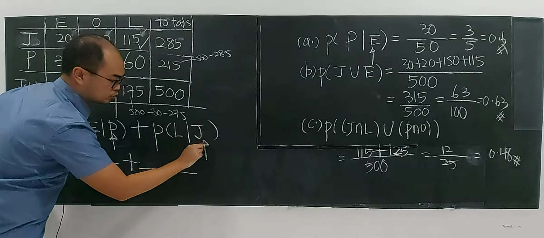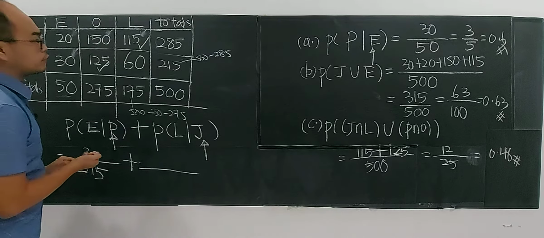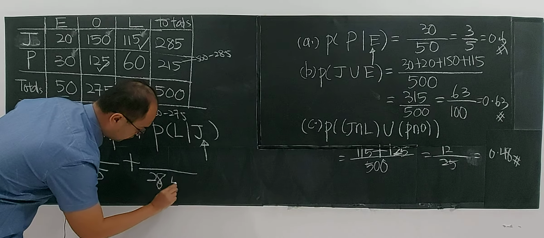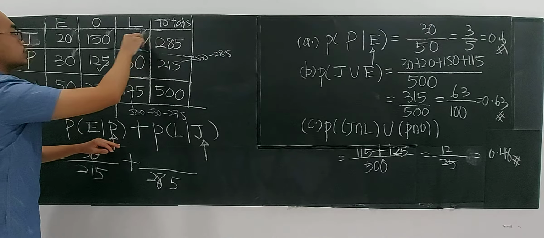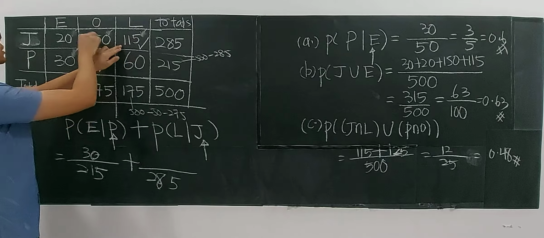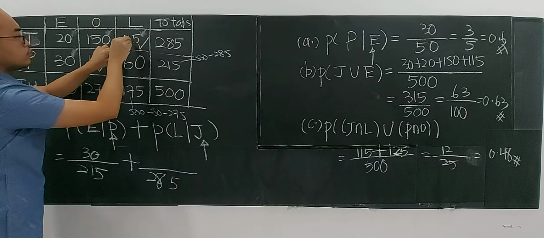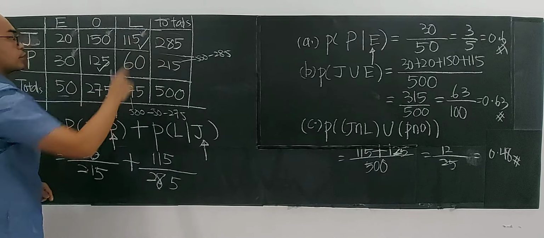From Johor Bahru, we have 285. And from Johor Bahru, late is 115. From these three, early, on time, and late, it's 115 out of 285.